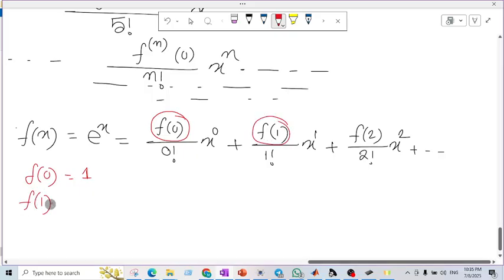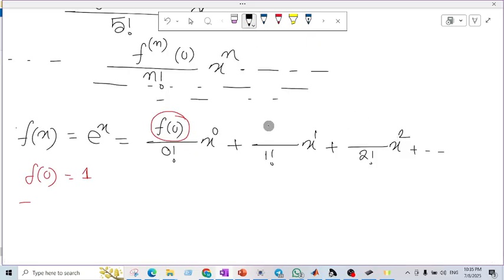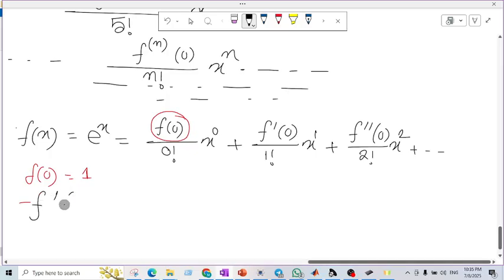So what is f prime of 0? That means I have to differentiate e to the power x. If I differentiate it, I will get e to the power x, and if I take x is equal to 0, I will get 1.